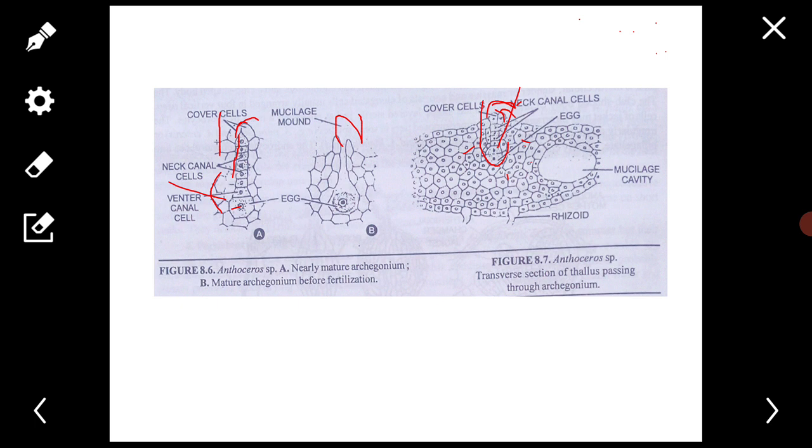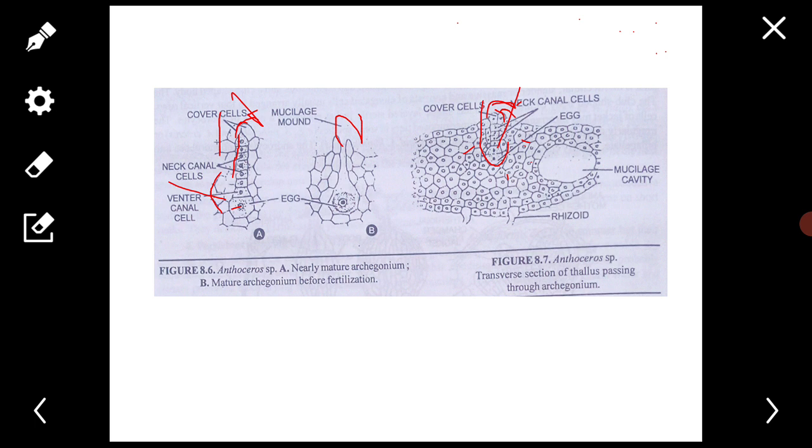Next, fertilization. Presence of water is necessary for the fertilization. The anthrozoids liberated from the antheridium swim in the film of water and move about in all directions. Some of the anthrozoids come across the mature archegonium, which is characterized by the presence of a mucilaginous mound at the apex.